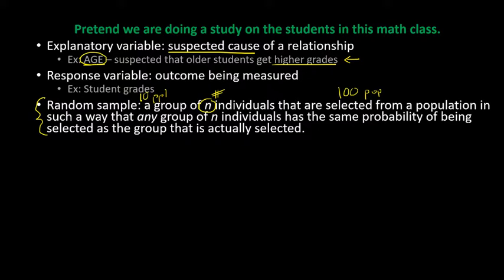Let's say that one more time. Assuming I had a population of 100 and I decided to pick a random sample of 10, my sample is truly random if the 10 individuals that I chose were equally likely to have been picked as any group of 10 individuals from that same population.